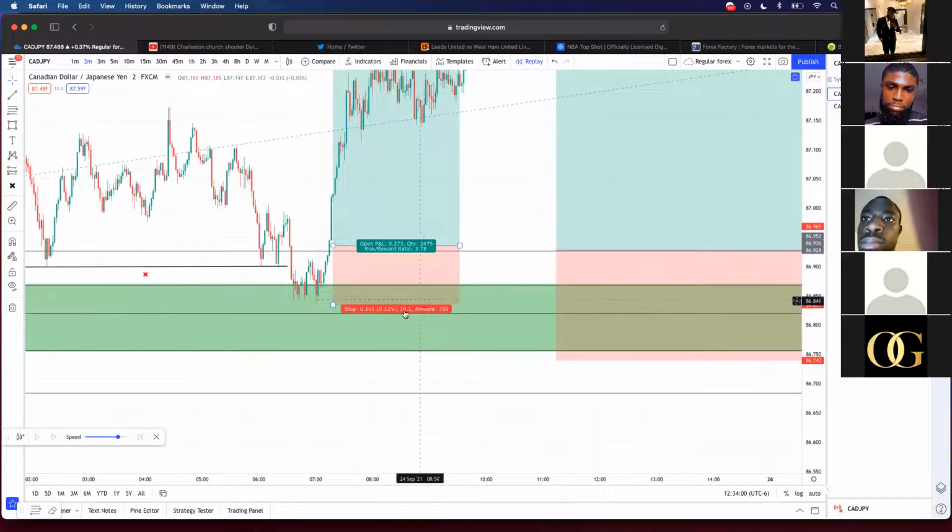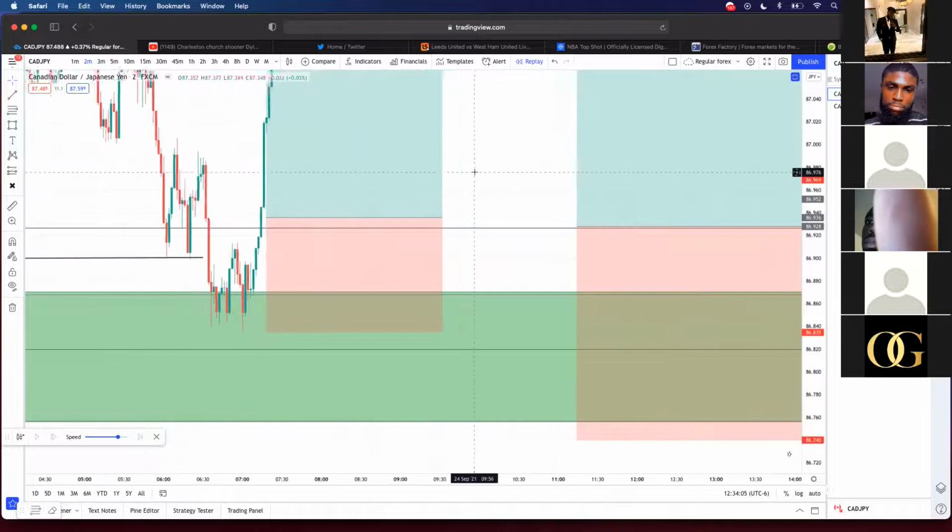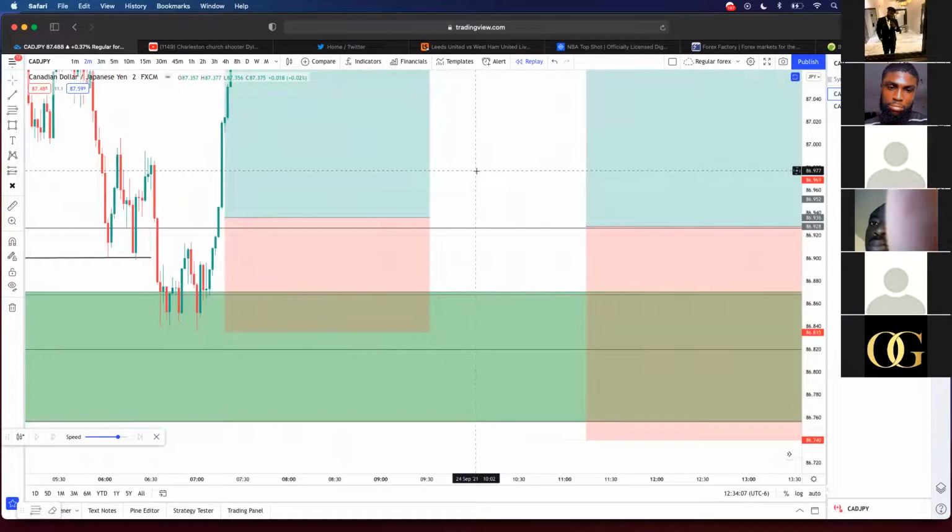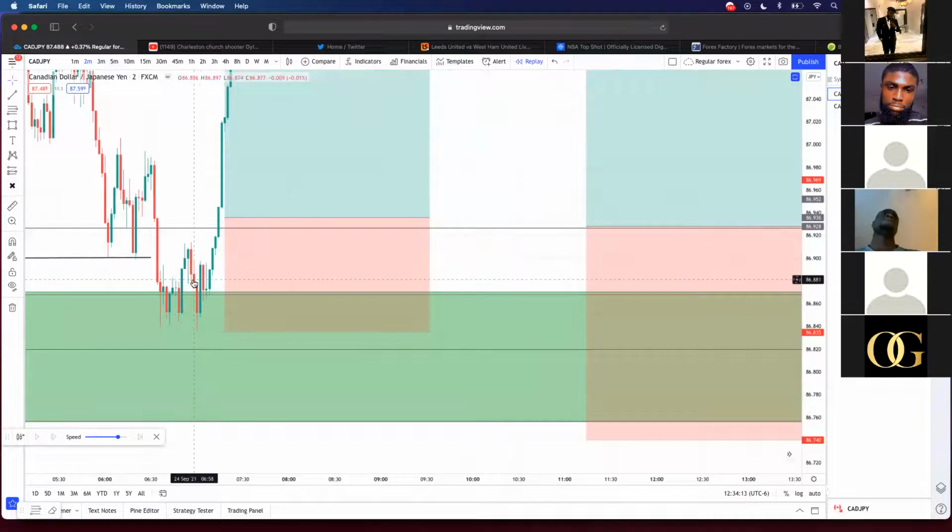So I want to show you guys this, right? If you notice here, on the 2 minutes time frame, what happened? This was the 7 o'clock candle, right? The 7 o'clock candle dropped one more time and did what? Took out liquidity one last time.